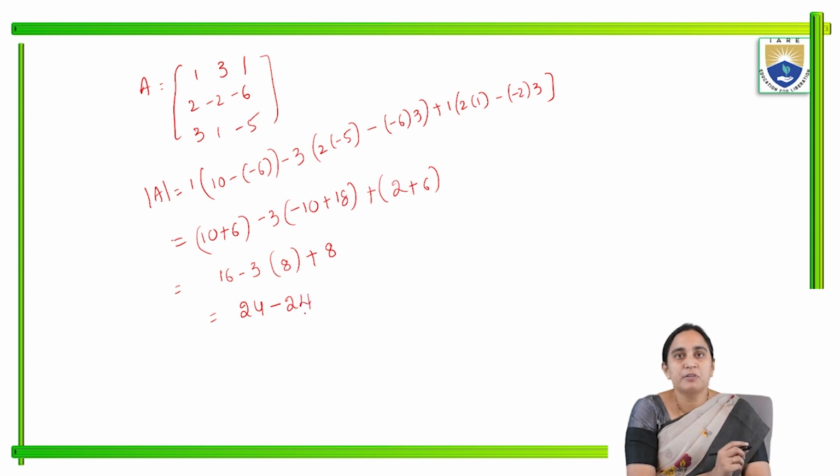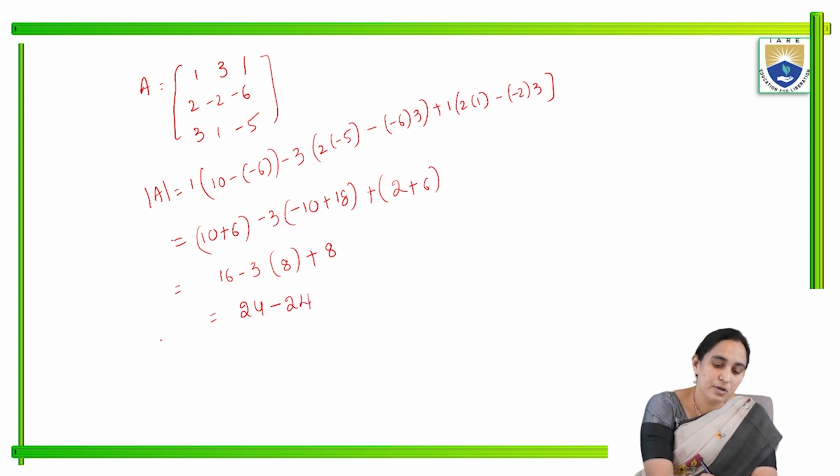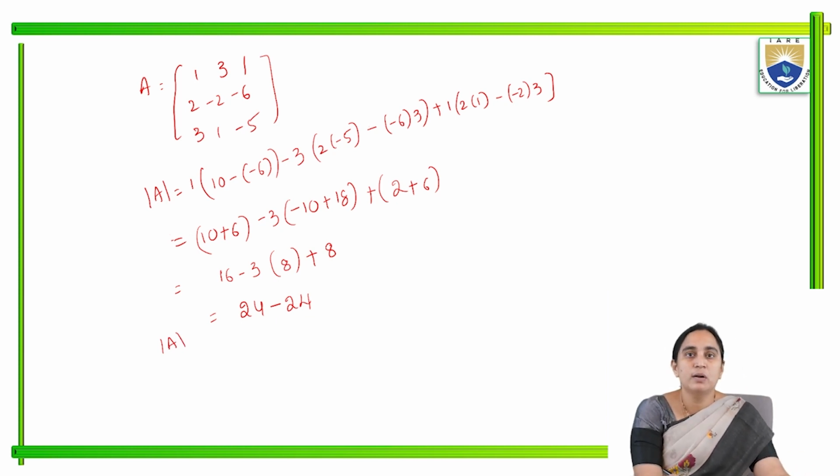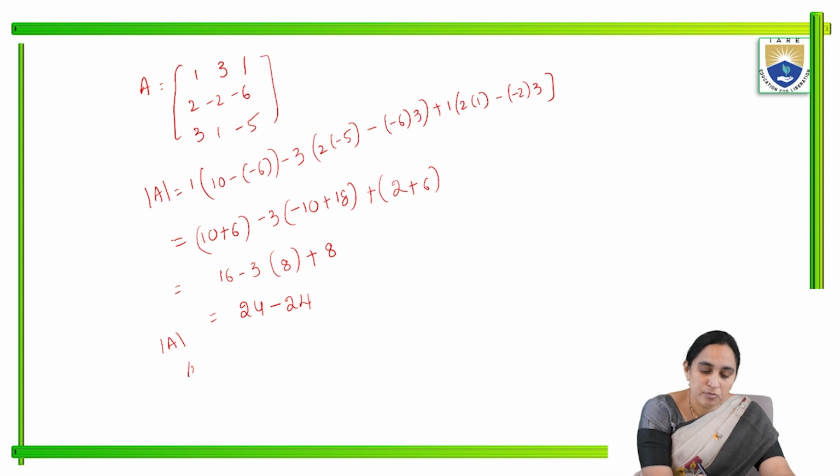Therefore, after finding the determinant value, it is equal to 0. Therefore, det A is equal to 0.